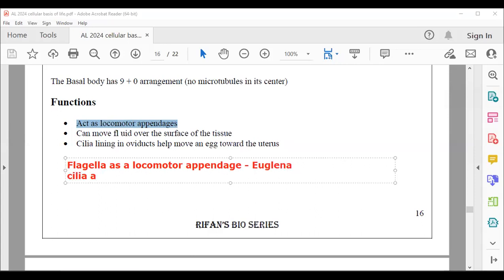Cilia as a locomotor appendage. For whom? Paramecium. The other two, further: animal sperm.